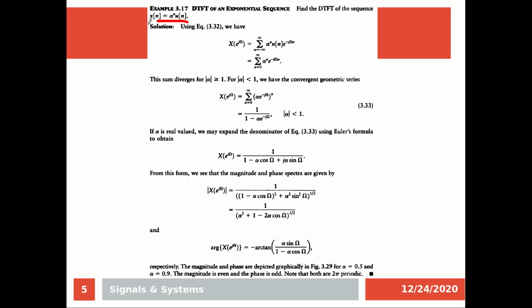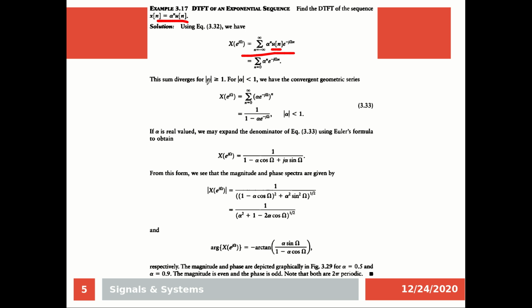So if he gives you x of n, you will find X of e to the power j omega. After writing the signal, you just remove the x of n and put whatever is here. For u of n, you can remove u of n and begin from 0, so it's easy: from 0 to infinity, multiplied by alpha to the power n.